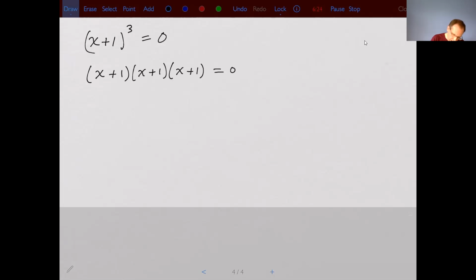So I could also have x plus 1 cubed is equal to 0. If we expand this out, this is really x plus 1 times x plus 1 times x plus 1 is equal to 0. So we could have x plus 1 equals 0, or the same, or the same. And all of these are going to lead to the solution x equals negative 1.